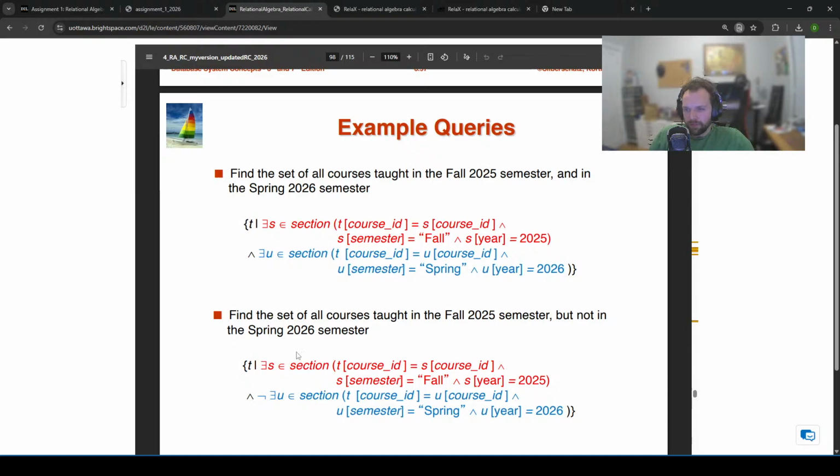What is the point of this, there exists S that belongs to section?